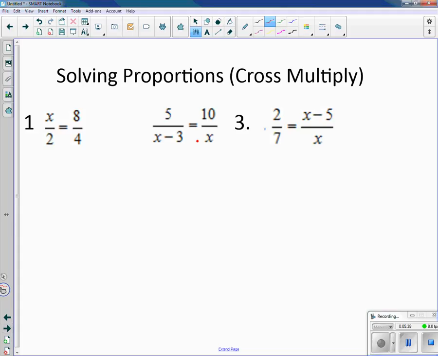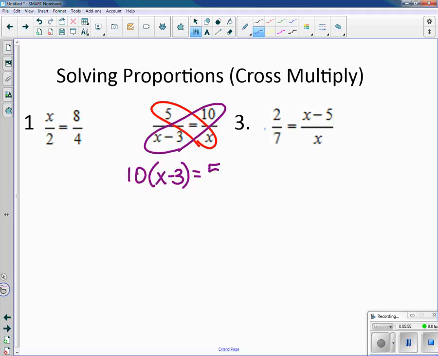Alright, so let's cross multiply. Here we go. When I cross multiply, I am going to get, it does not matter if you do the red circle first or the purple circle. I will do the purple, so it's 10 times x minus 3 is equal to 5 times x.